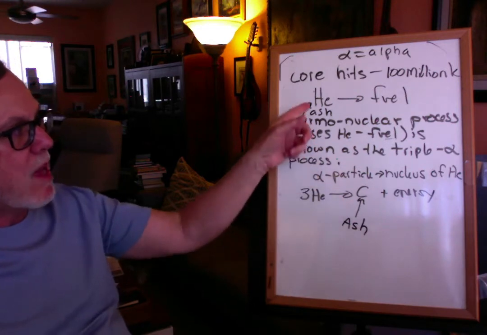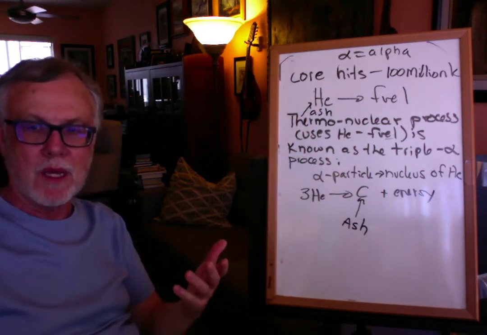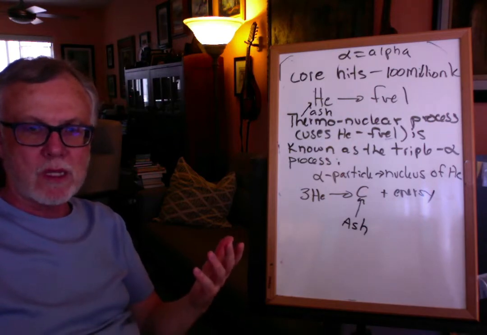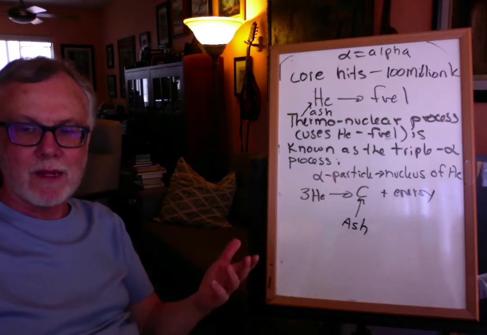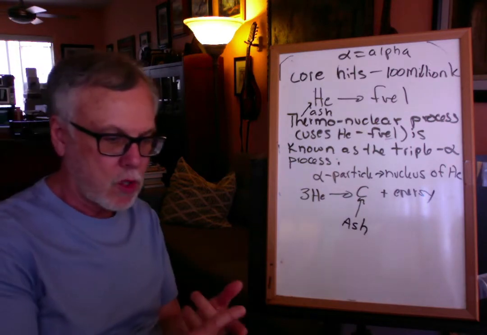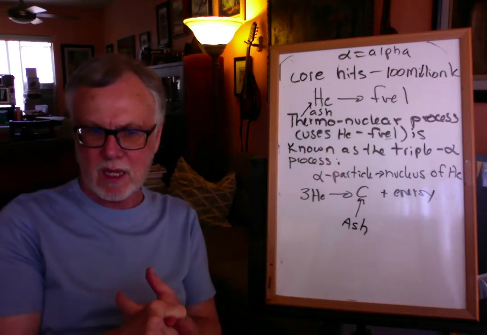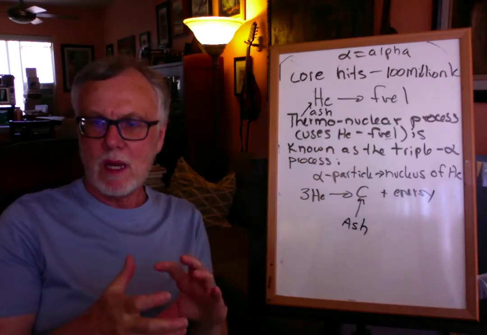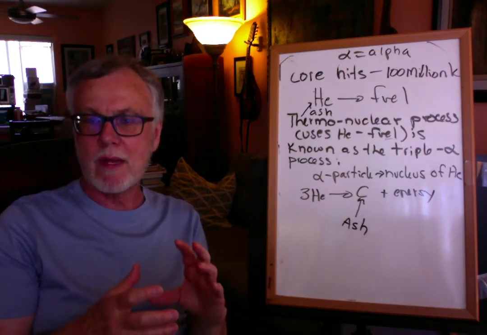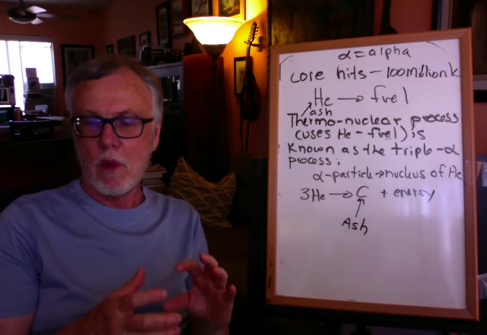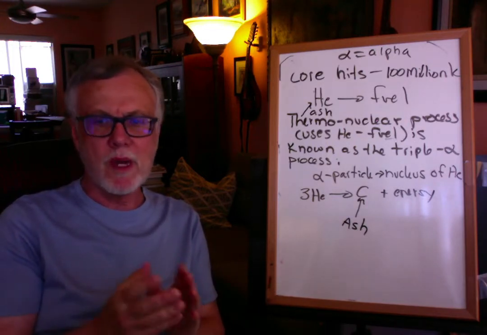We use the term ash for what's left behind as the major atomic element in these thermonuclear processes. It's the heavier atom formed from the lighter atom in this fusion process. So just to remind you, fusion is the nuclear process where lighter atoms, hydrogen, form heavier atoms, helium, or helium forms carbon. It's just the terminology we use.